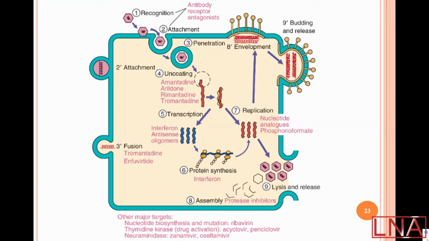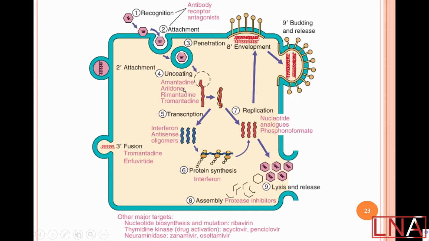But if the virus has an envelope, attachment happens by a different scenario. Attachment of the envelope to the cell happens, and then fusion happens. So all components of the virus fuse inside the cell, but never make uncoating in this step.